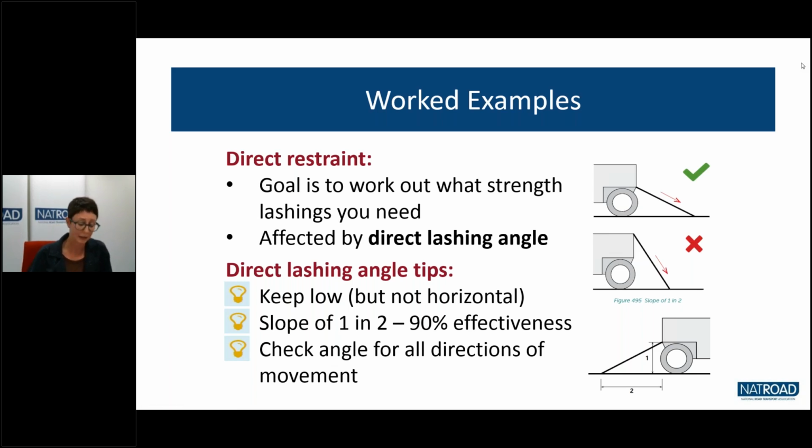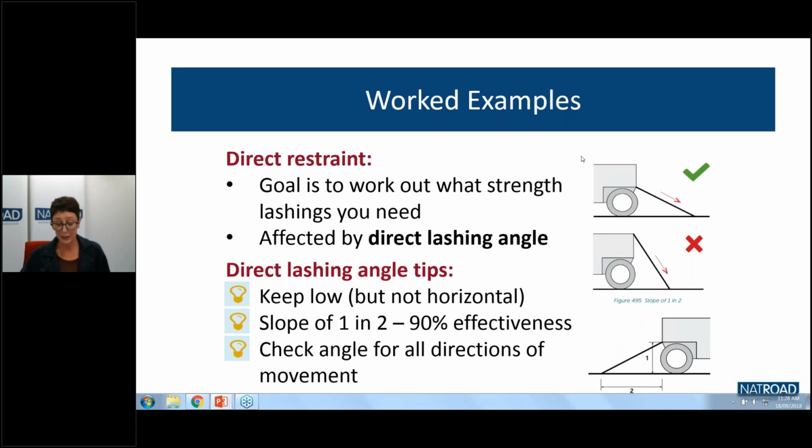But just a couple of tips in relation to direct restraint here. When you're working out the numbers, the goal is to determine what strength lashing you need, and that's affected by the direct lashing angle.